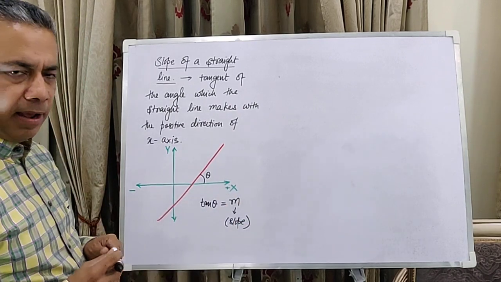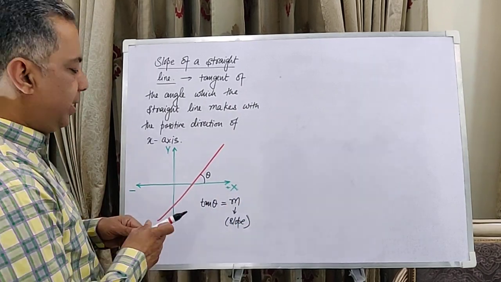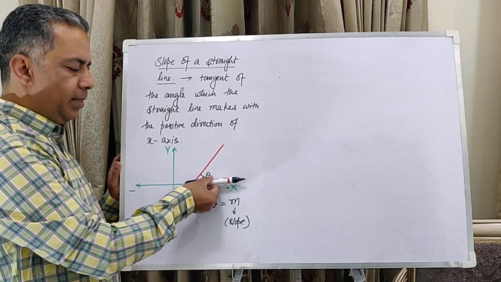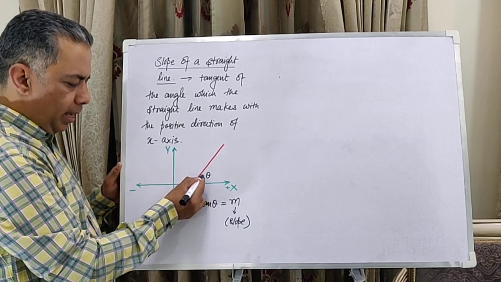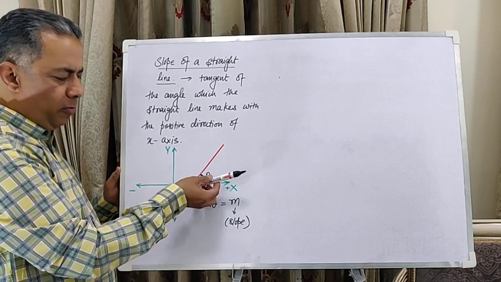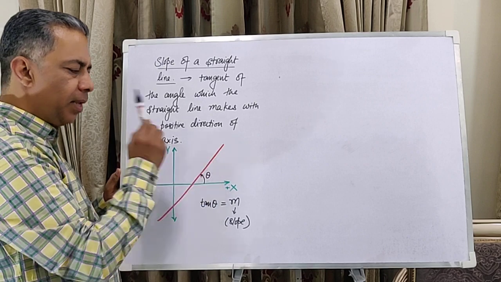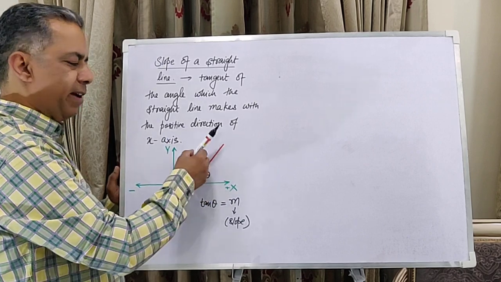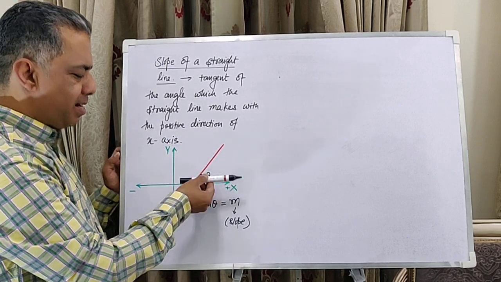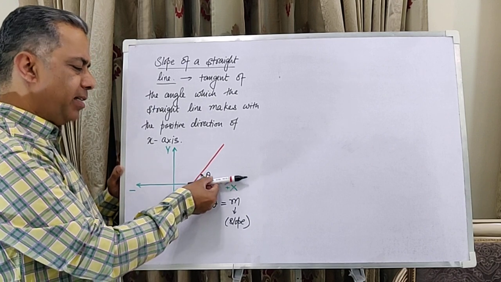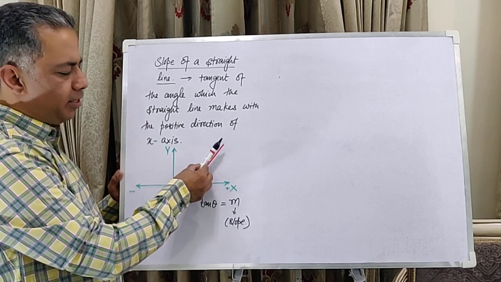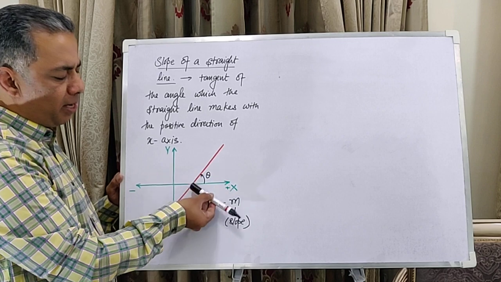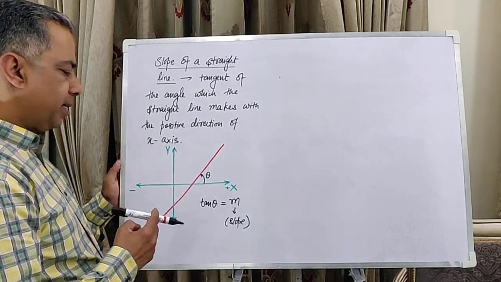Now in this case, theta is measured anti-clockwise from the positive x direction, and therefore it's a positive angle. Generally in mathematics, when we measure angles, anti-clockwise angles are taken as positive and clockwise angles are taken as negative.